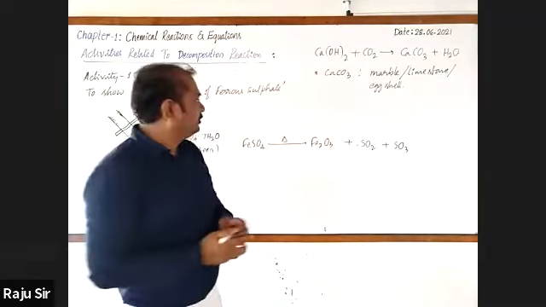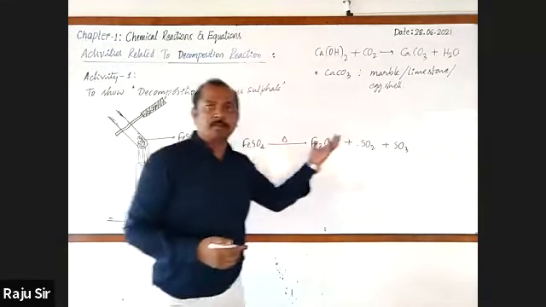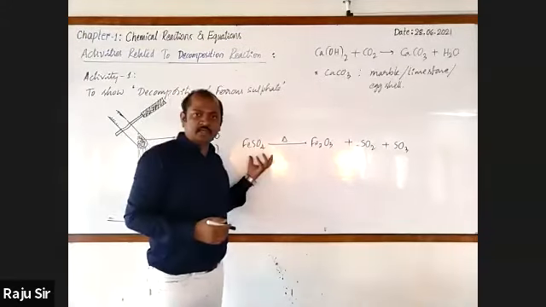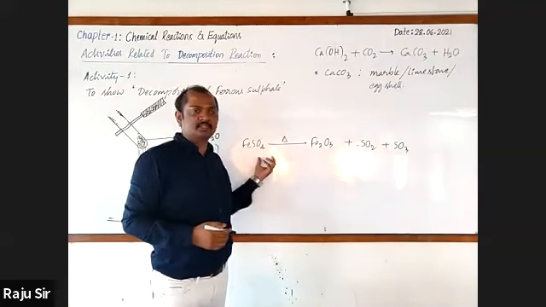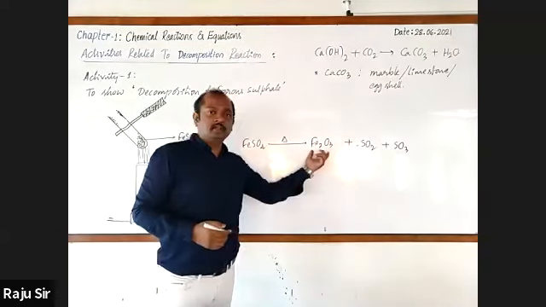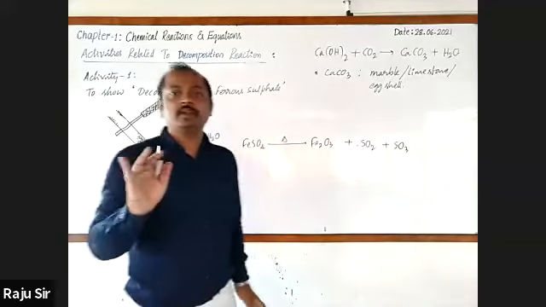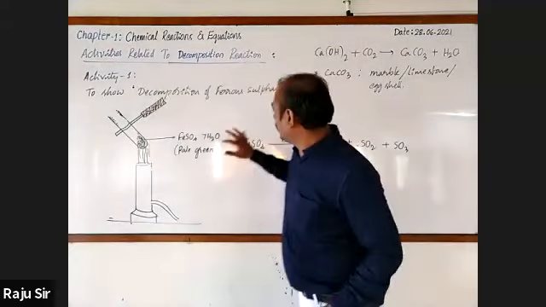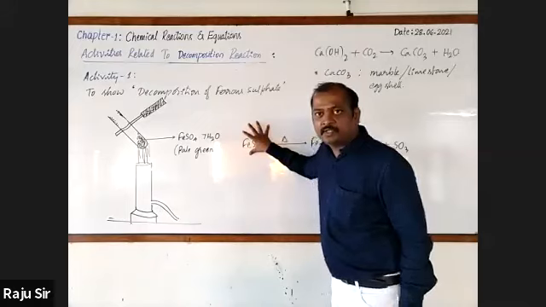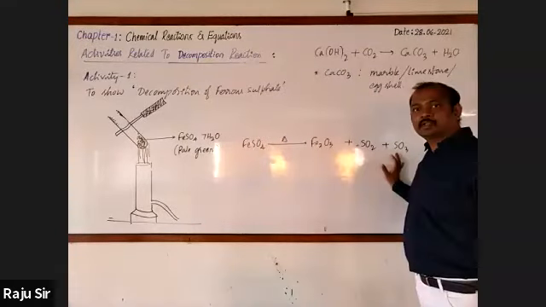A question may be asked: name the products that are formed when iron sulfate is heated. On heating, it undergoes a decomposition reaction to form iron oxide, that is ferric oxide, sulfur dioxide, and sulfur trioxide. Here one compound, iron sulfate, gets split up into 3 other compounds.